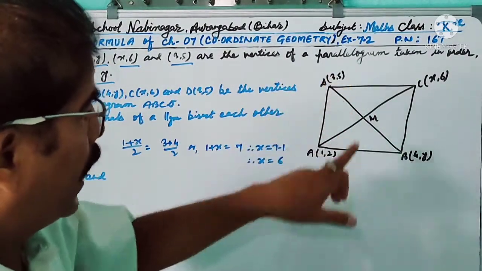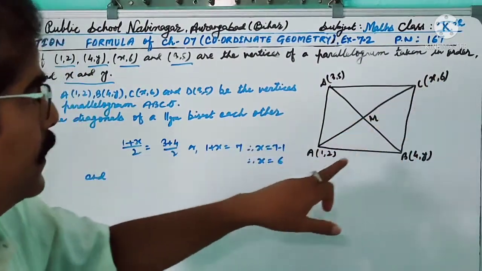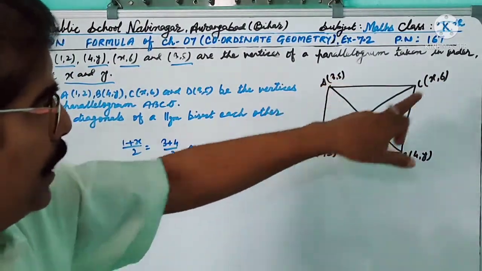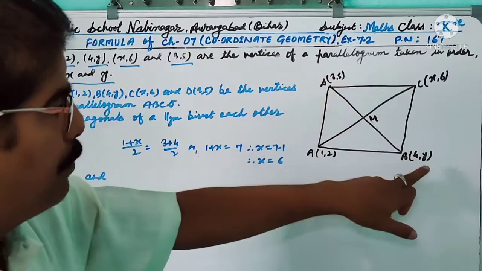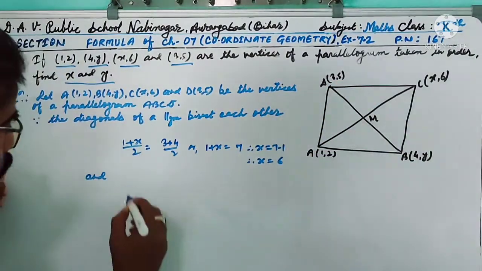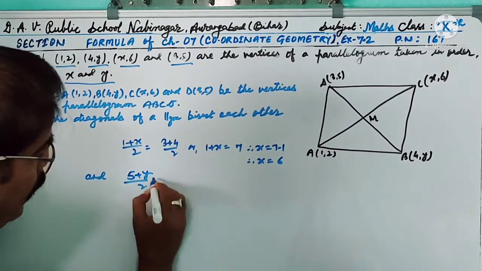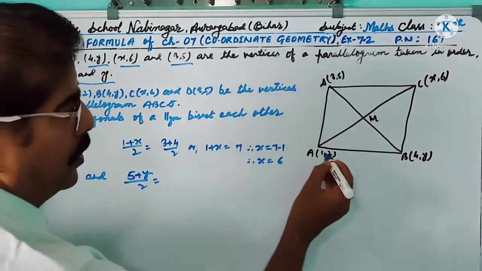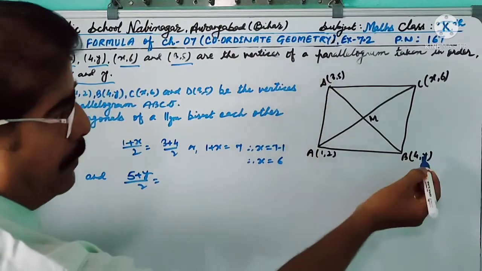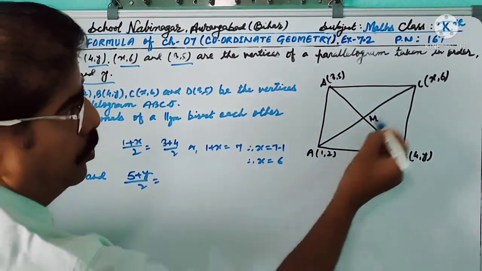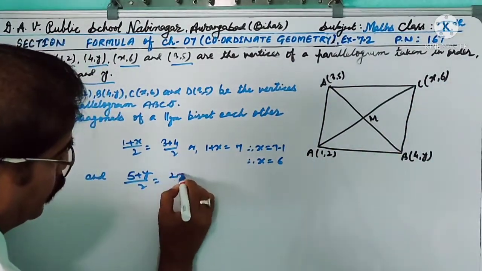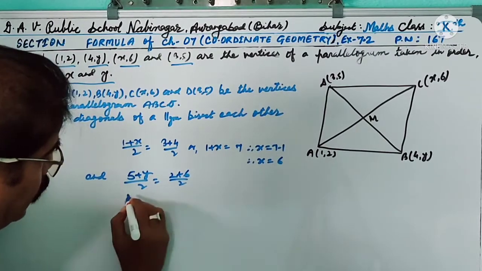And for the y coordinate, (2 + 6) by 2 equals (5 + y) by 2, or (5 + y) by 2 equals (2 + 6) by 2.